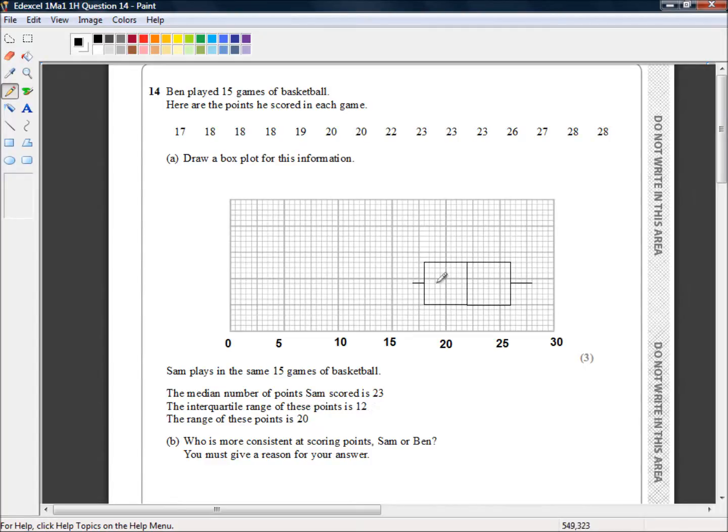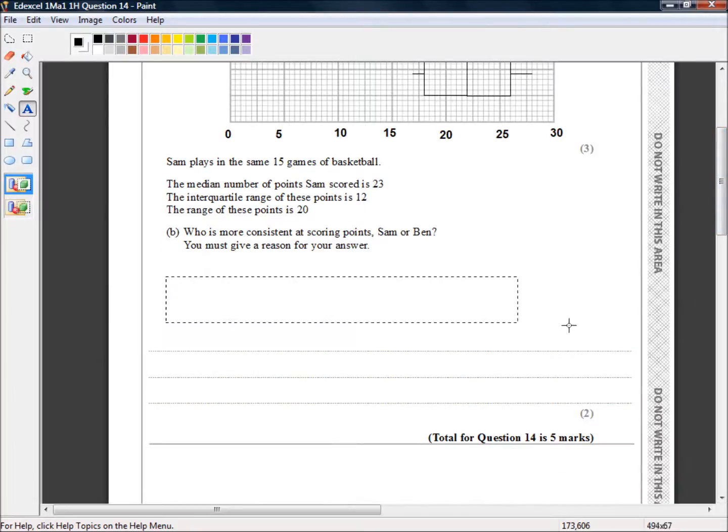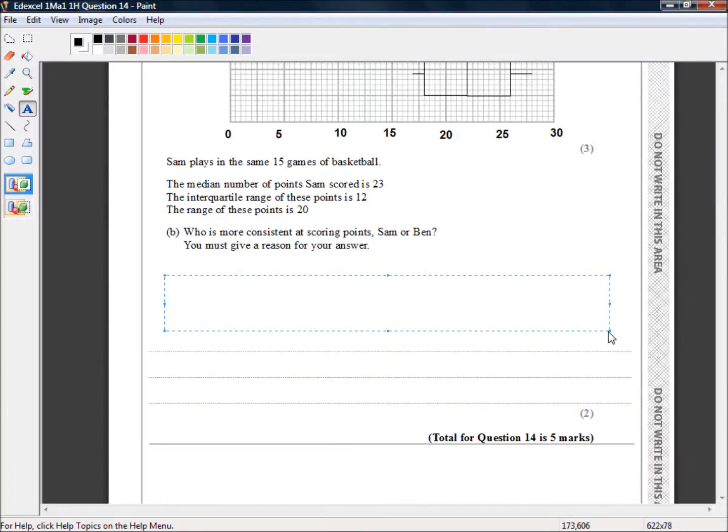So again, Ben has the smallest interquartile range, and therefore Ben is the most consistent. So we can just type that in as our answer. So Ben having the smallest range and the smallest interquartile range is the most consistent scorer.